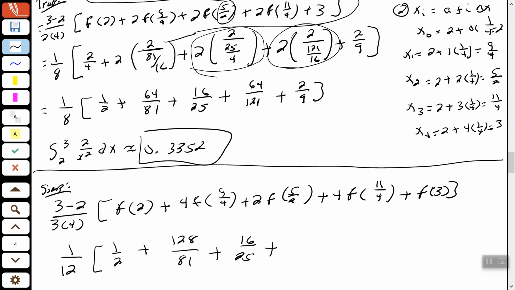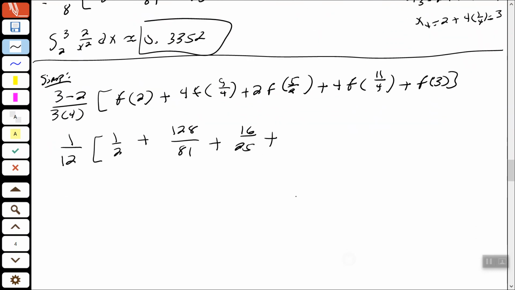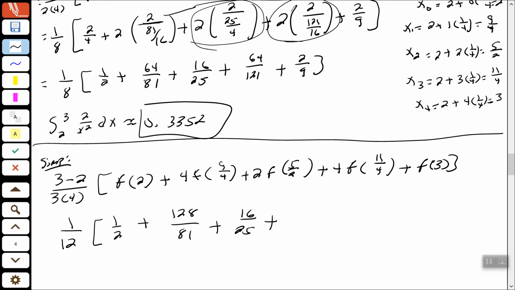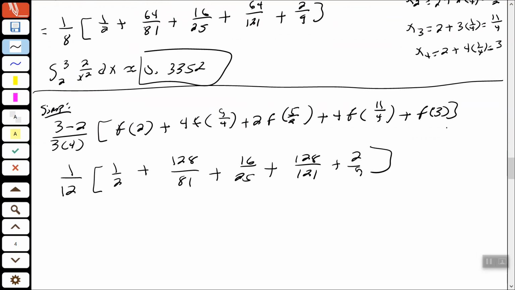So I ended up with 64 over 121. So if I double that, that makes that 128 over 121. And then the last term is the same. And then you go through those calculations, and once you calculate that, you get approximately 0.3334.